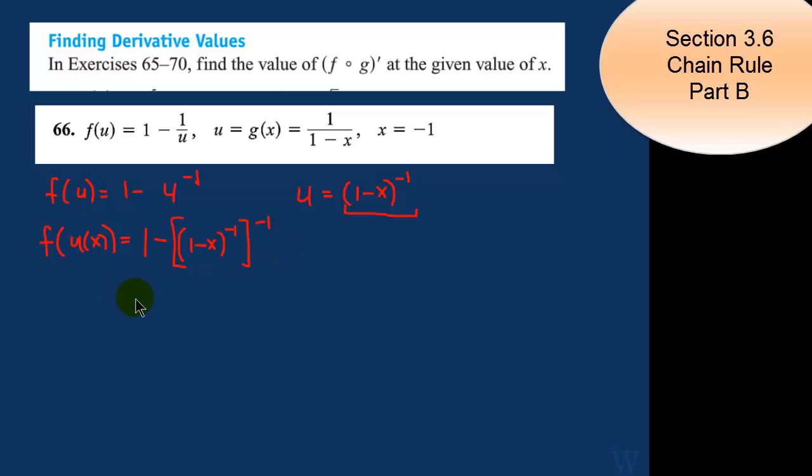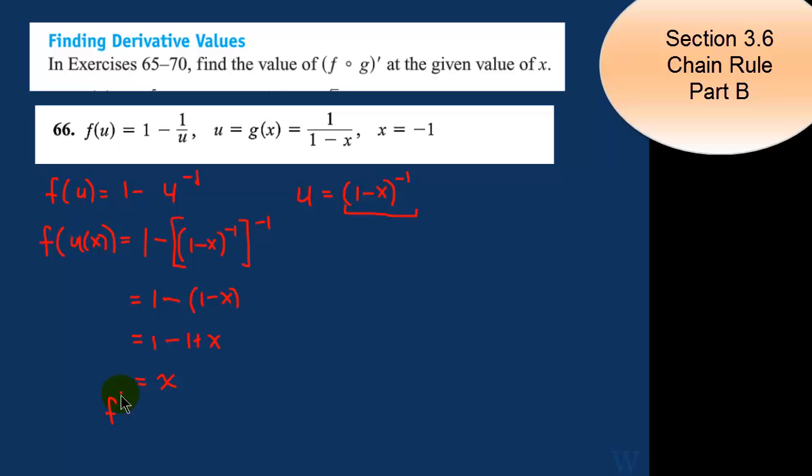So what do we have? We just have a simple function because this is 1 minus, what is a power raised to another power? You just multiply the exponents. So that's 1 minus x, which is equal to 1 minus 1 plus x. So all we have is just the x.